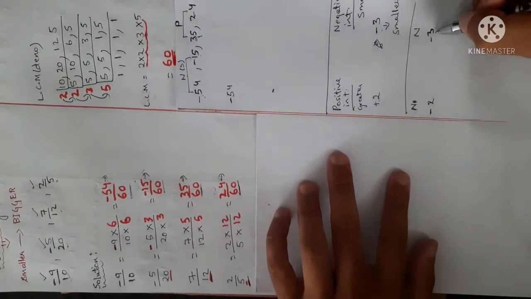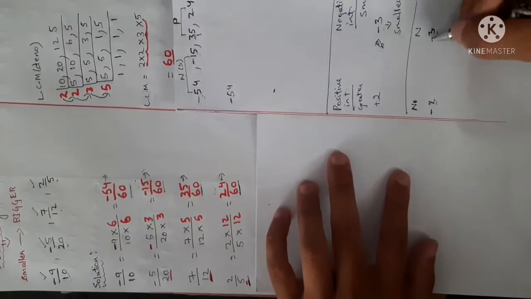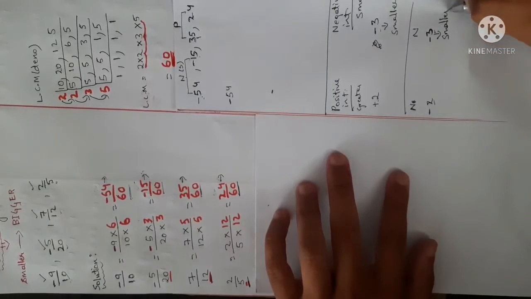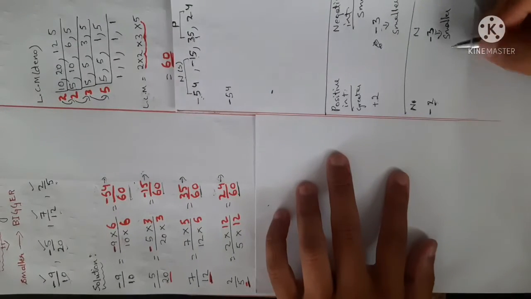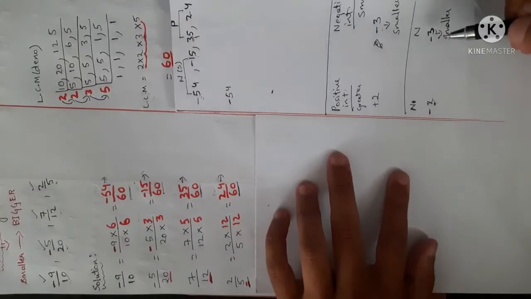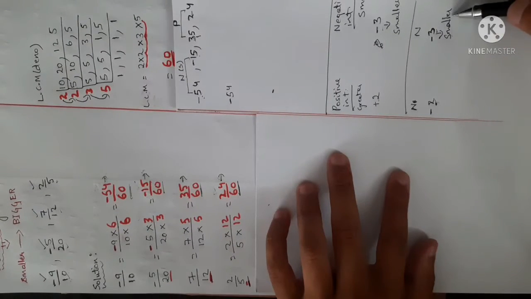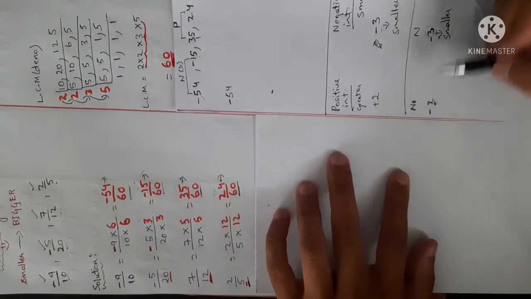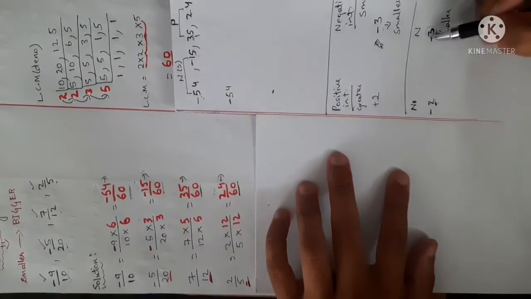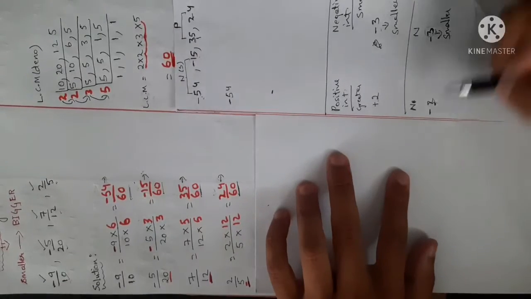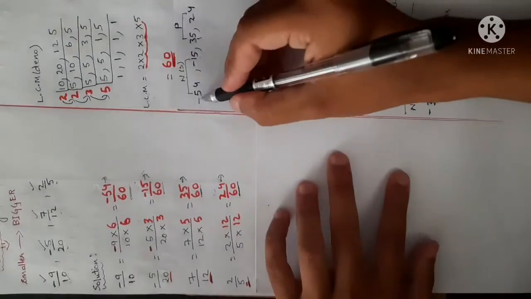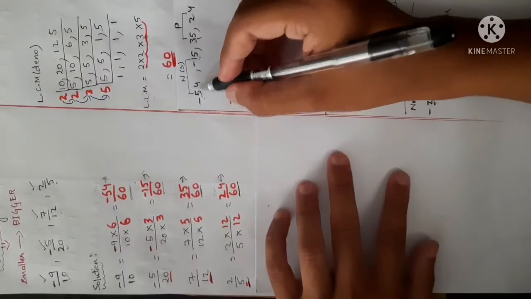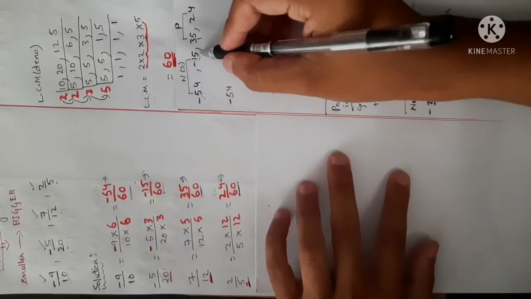So 3 is greater than 2, hence minus 3 will be smaller than minus 2. So here also, minus 54 and minus 15: 54 is greater than 15, so minus 54 is smaller than minus 15.